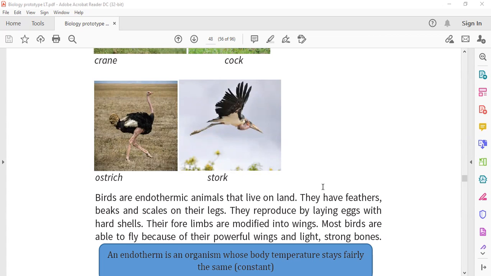You can even see when an ostrich is running, it puts its body in a streamlined shape, with the head in front, and then it takes off very fast. Even hens, you have seen them doing a little flying for a short period of time. It is because of the muscles they have. The hens can't fly for long because their muscles cannot sustain them in the air for a long period of time.